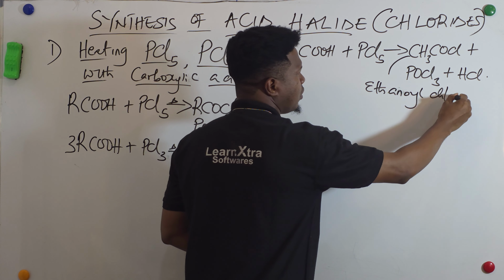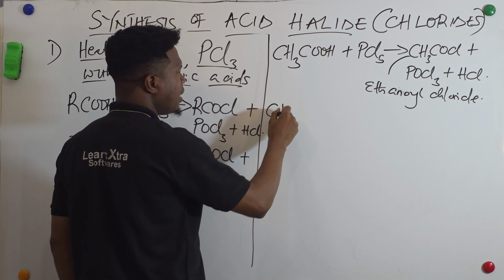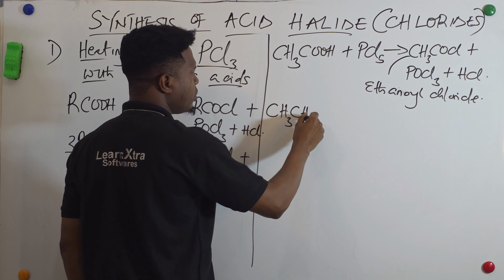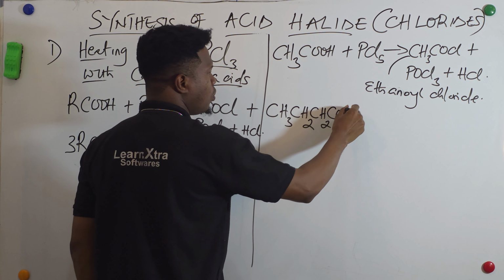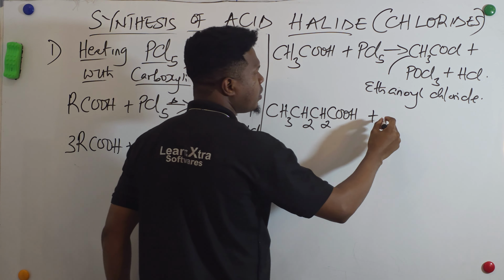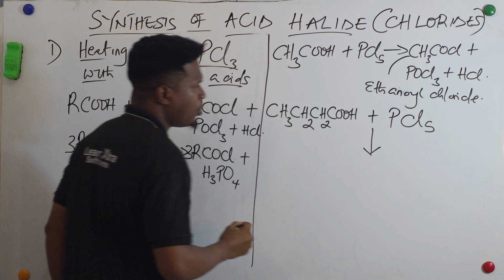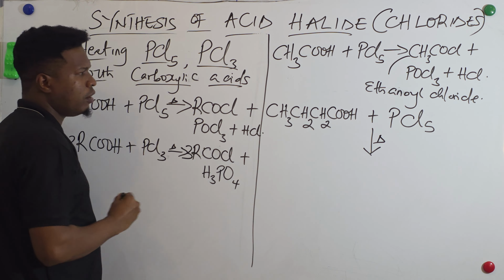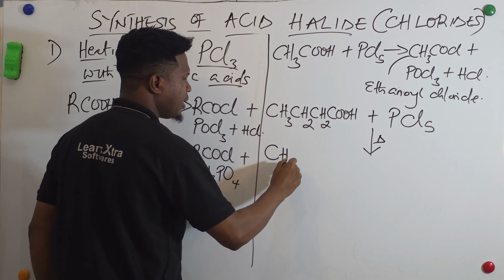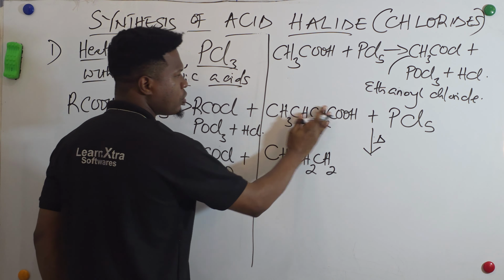Now let me give you one to do by yourself. Let's say you are given CH3CH2CH2COOH plus phosphorus pentachloride, plus heat. What should be the product of this reaction? This will give you CH3CH2CH2COCl. Nothing happens to this side.